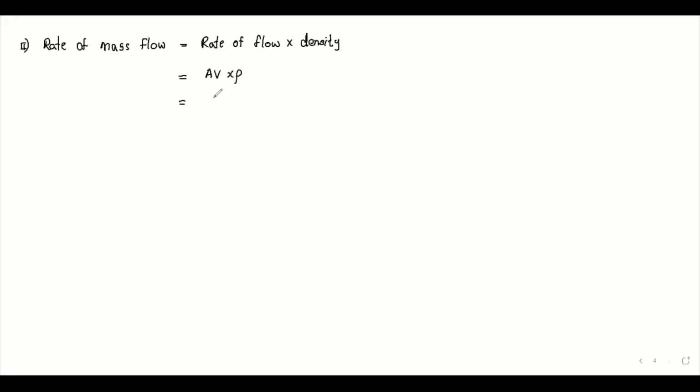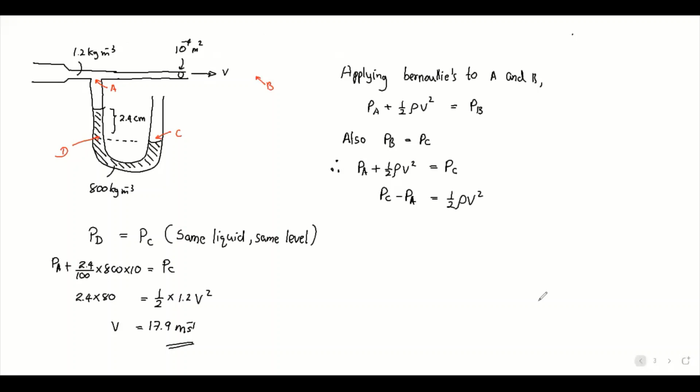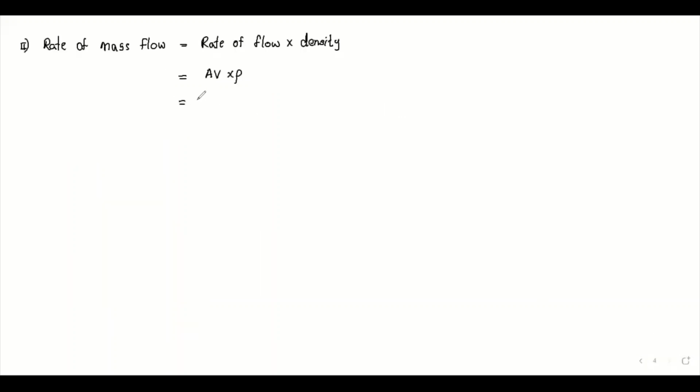So you can substitute the values now. Velocity we have found in the previous part, it's 17.9. 10 to the power minus 4 into 17.9 into the density of the gas is 1.2.